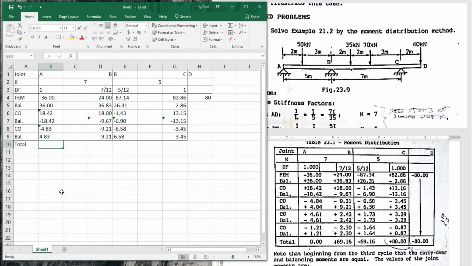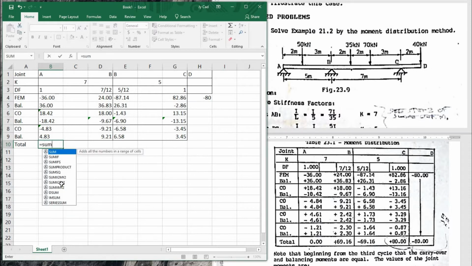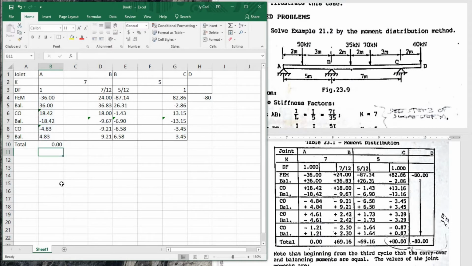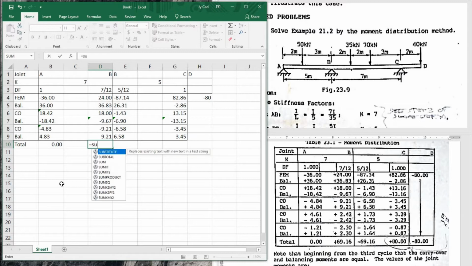So, sa ilalim yan, you just type their equal sign and then sum. Tapos, i-highlight mo yan. Then, close. Okay, so obviously that is 0. And then, dito, equal sign, sum, open parenthesis, and then highlight this.